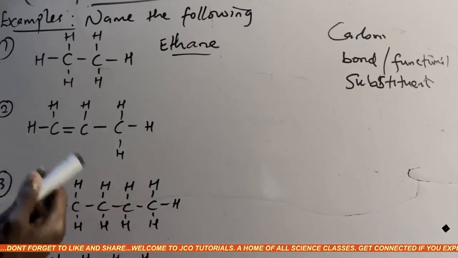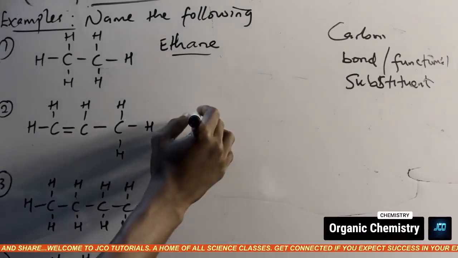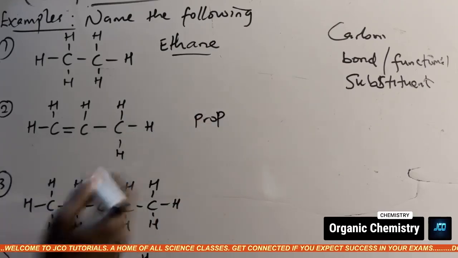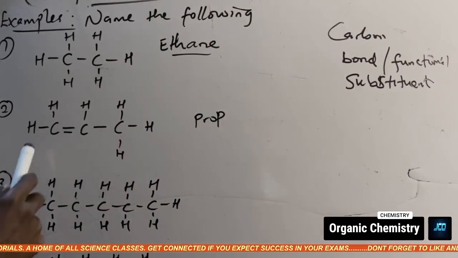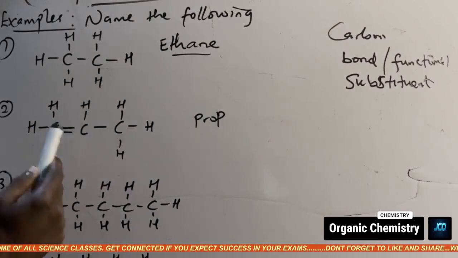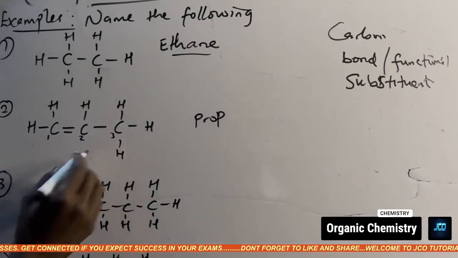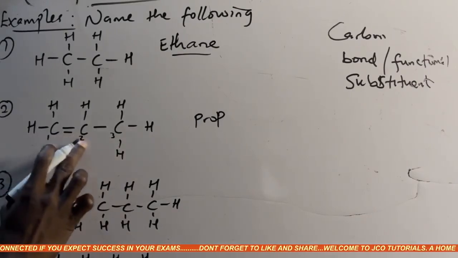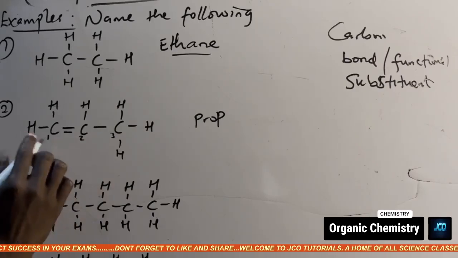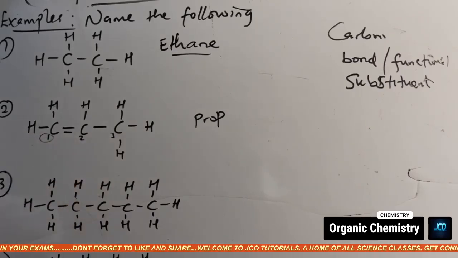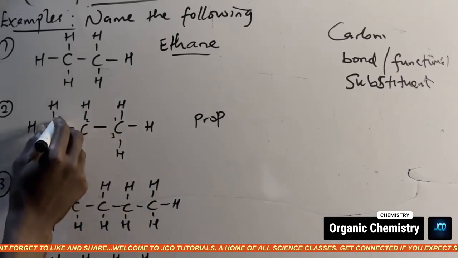Next, 3 carbon. What do we have? Prop. That's the prefix prop. They are not all single bond. There's a double bond here. So I'm going to number. Let's say I number from my left 1, 2, 3. The double bond is between 1 and 2. The lowest is 1. So remember I said least possible number. If I number from my right, it will be 1, 2, 3.